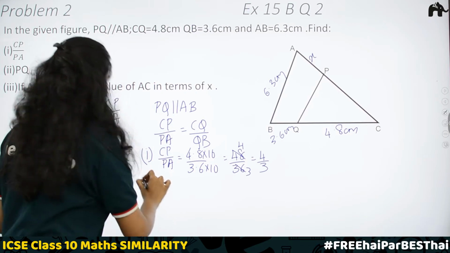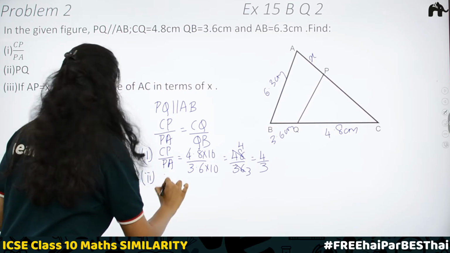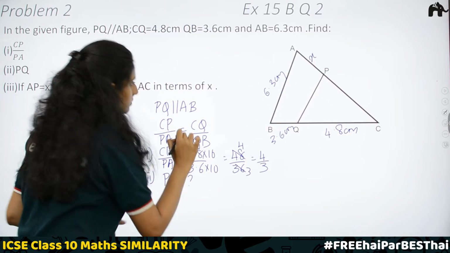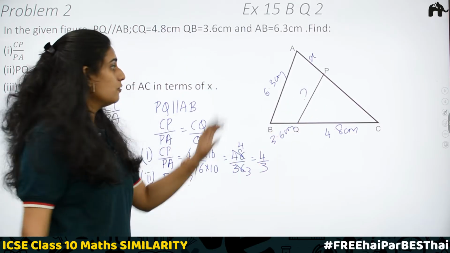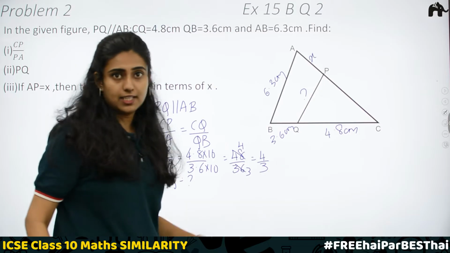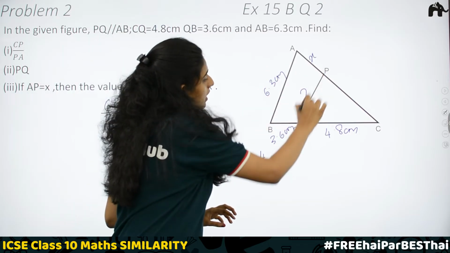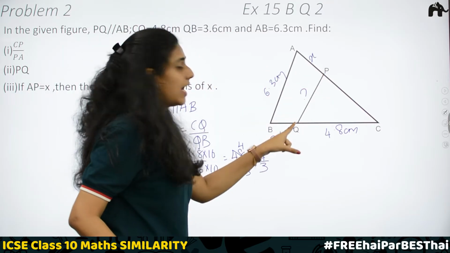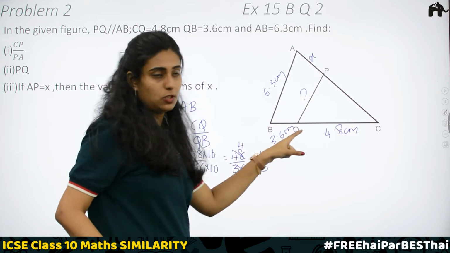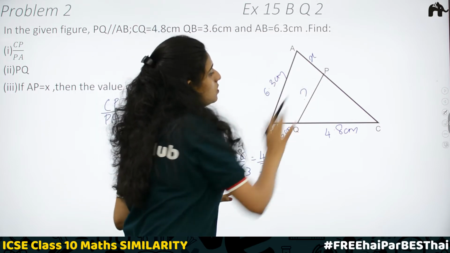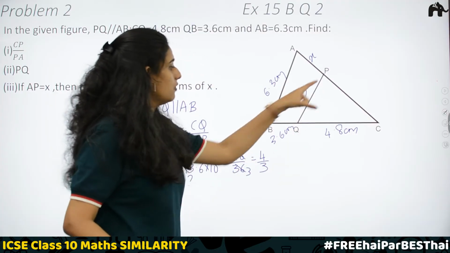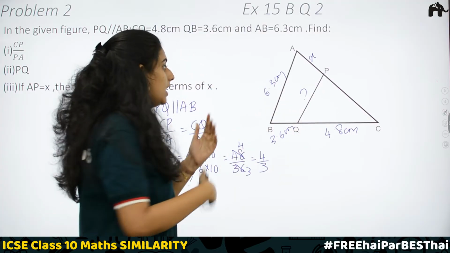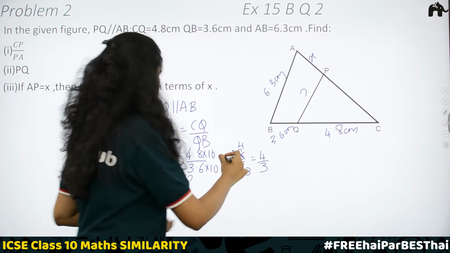Now what is the second question? We need to find what PQ is. For that, consider the two triangles. Here we need a triangle that contains side PQ because we need to find PQ. If we are able to show these two triangles are similar, then with all other values we can find the value of PQ by taking the corresponding sides.